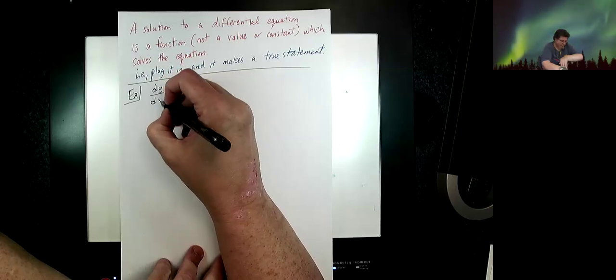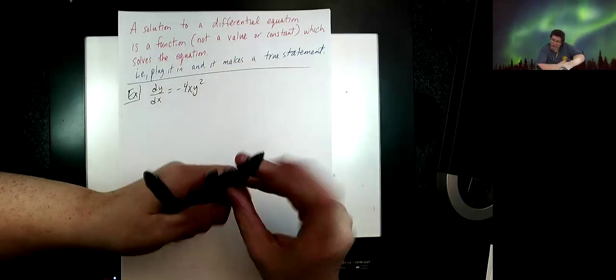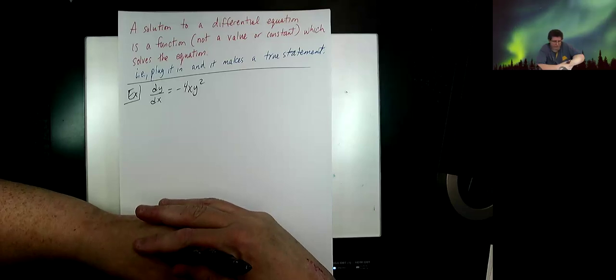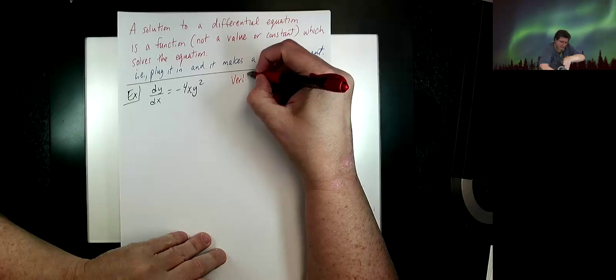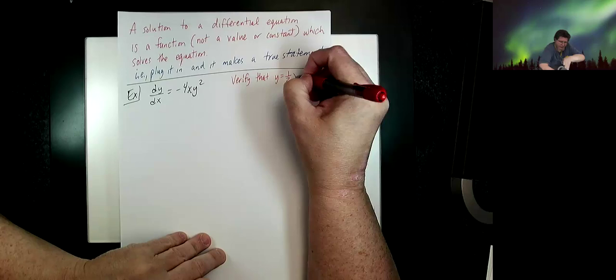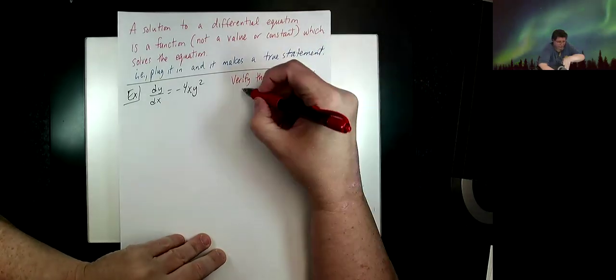The first one I wrote down was dy/dx equals negative 4xy squared. Verify that y equals 1/2 x to the negative 2 is a solution to this equation.